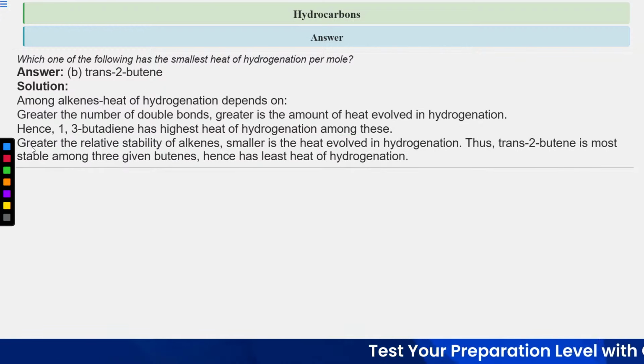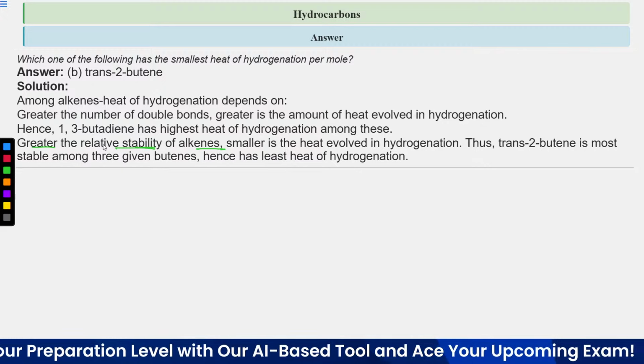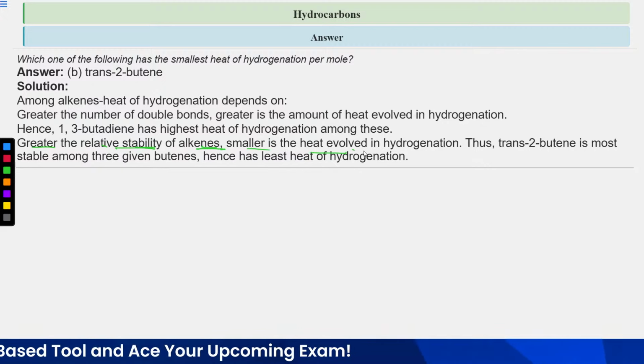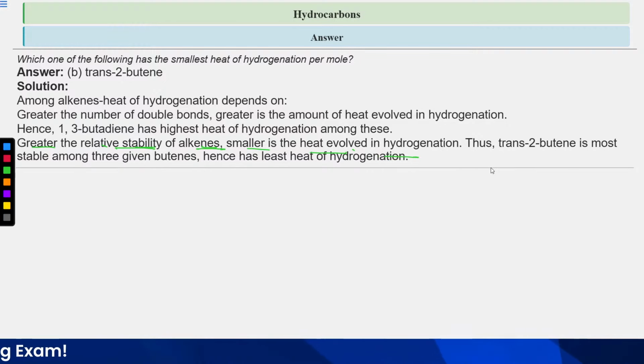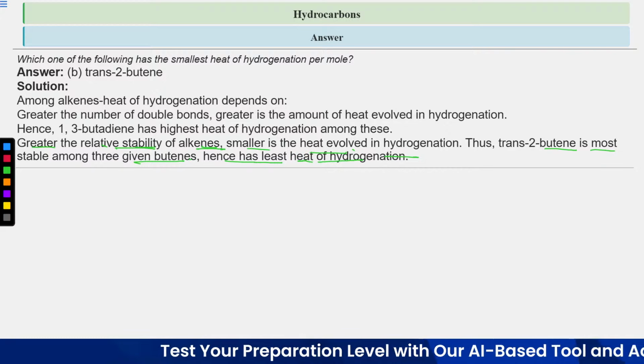So, the greater the relative stability of alkenes, the smaller is the heat evolved in the hydrogenation, and thus trans-2-butene is the most stable among the three given butenes, and hence it will have the least heat of hydrogenation.